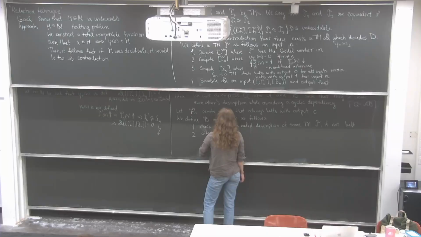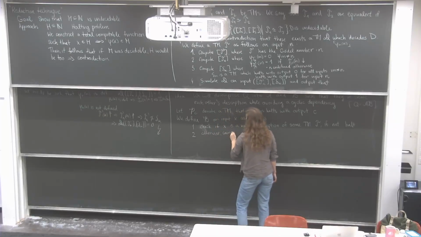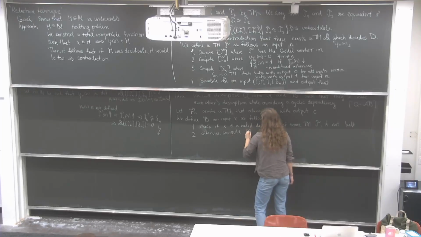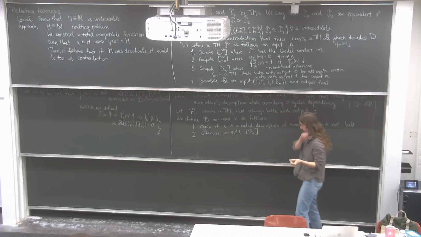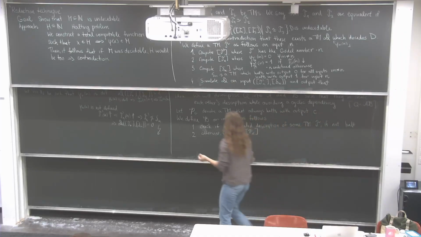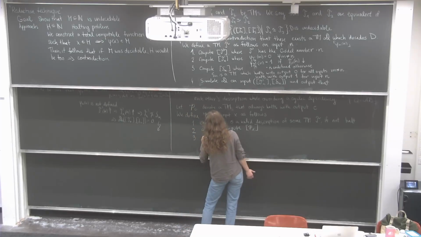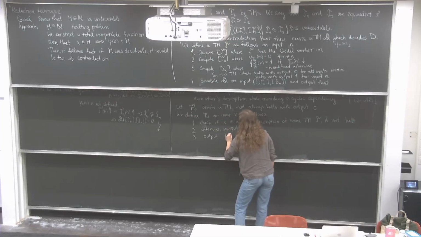Otherwise, compute the description of the Turing machine that prints X. So essentially compute Px. It's pretty straightforward. And lastly, output a Turing machine that first does Px and then does T.